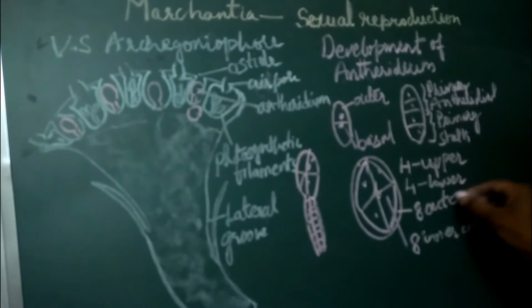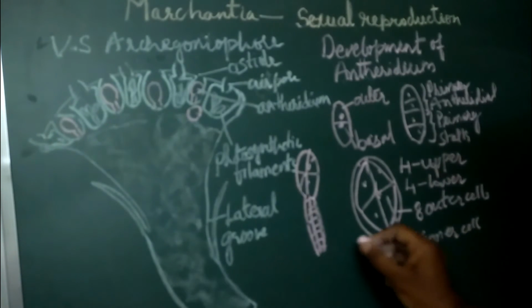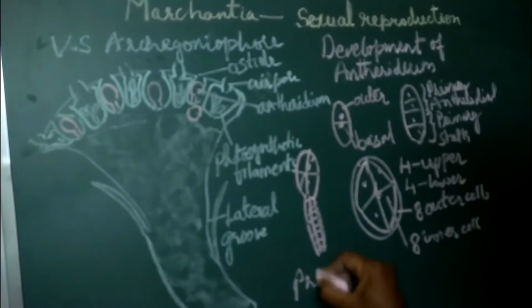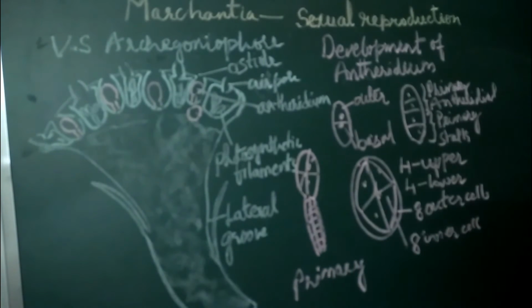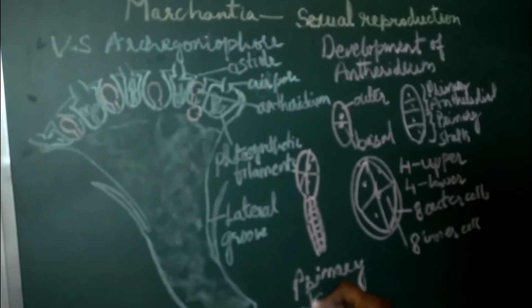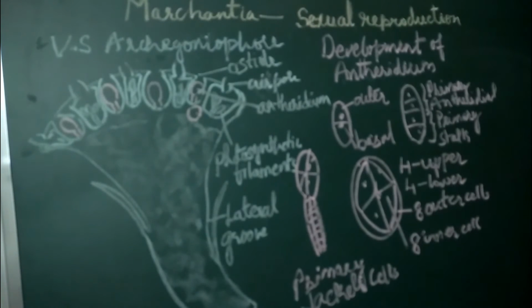These 8 outer cells are called the primary jacket cells. They form the jacket of the antheridium.